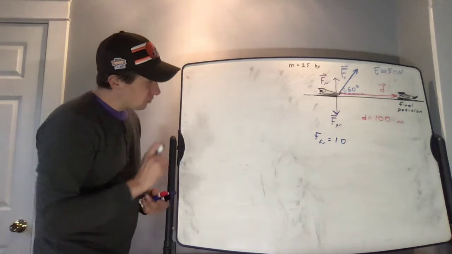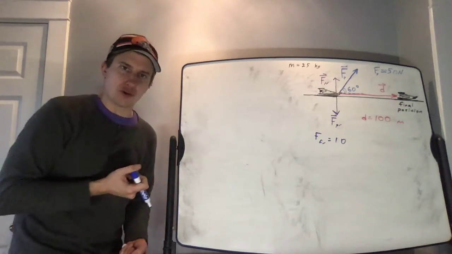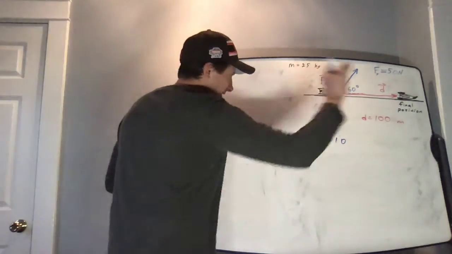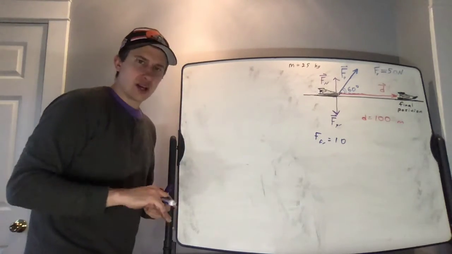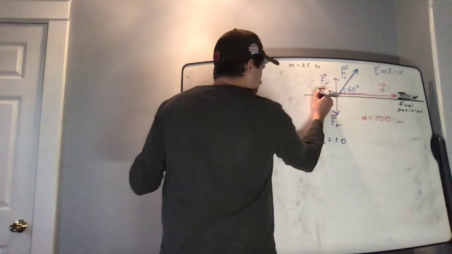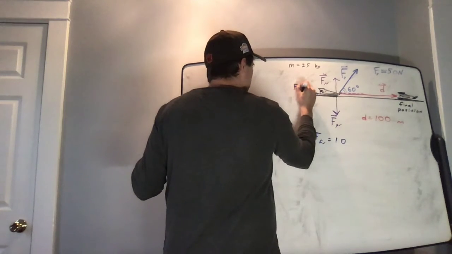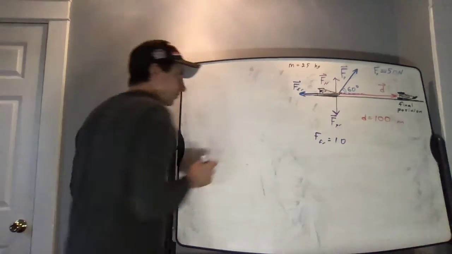To determine the direction of the friction force, I have to think. Friction always opposes motion. The sled is going to be pulled to the right. Therefore, friction will point to the left. So the force of friction drawn as a vector acting on the sled would look something like this.